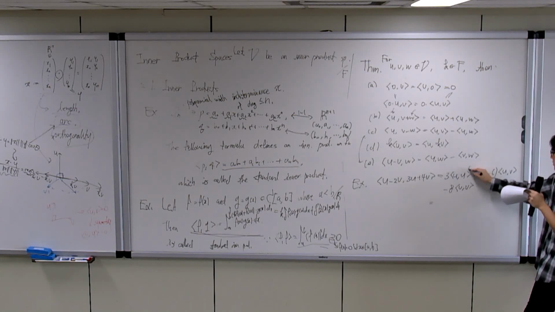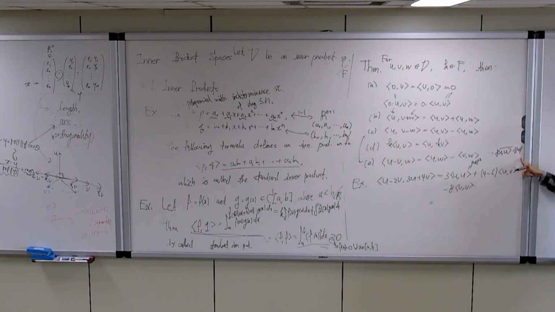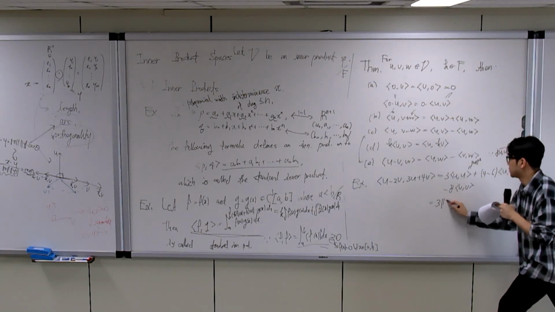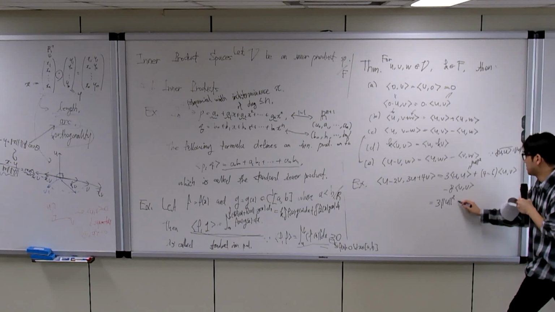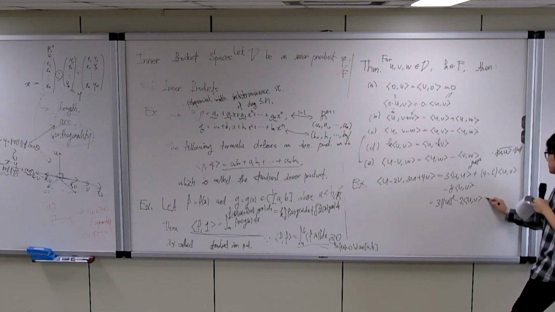So it is the same as the norm squared of u, because we defined the norm as the square root of (u,u), so by squaring we can get that back. 3 norm u squared minus 2 (u,v) minus 8 norm v squared.